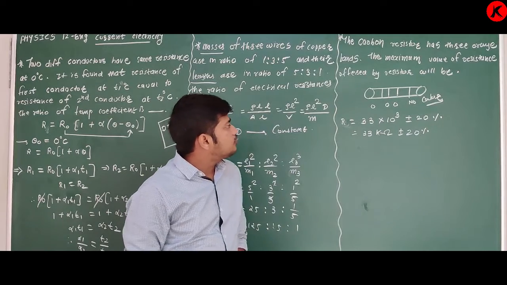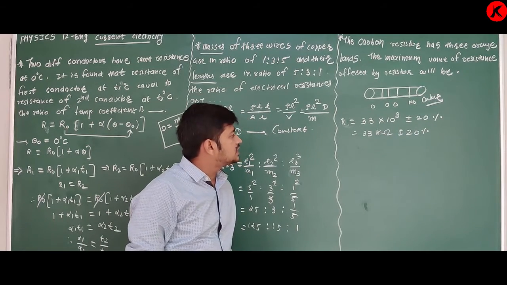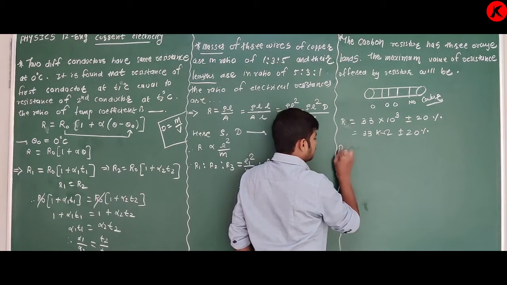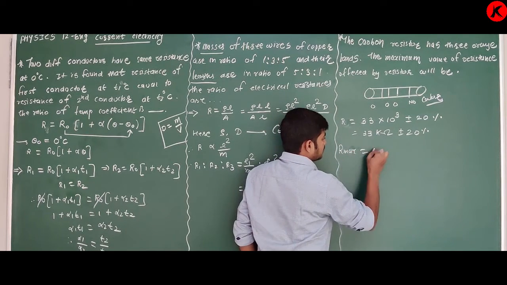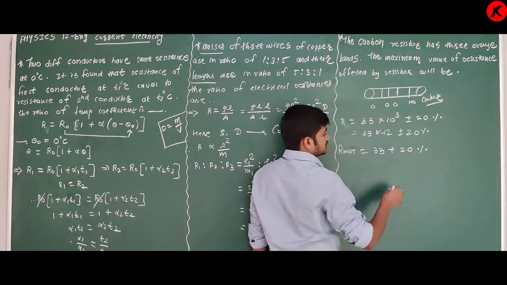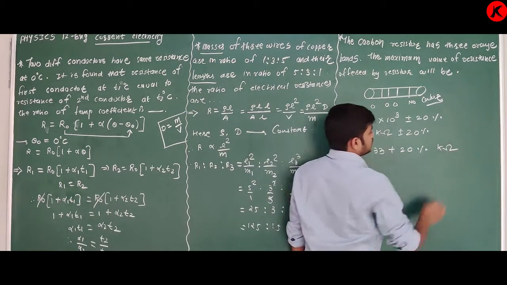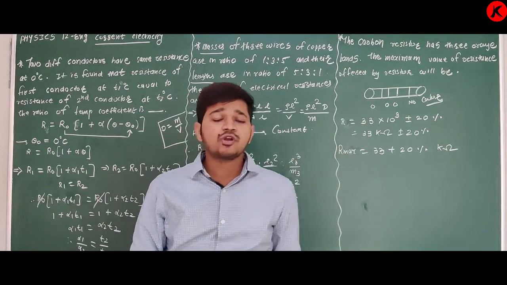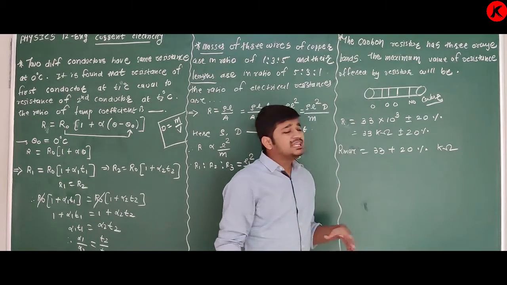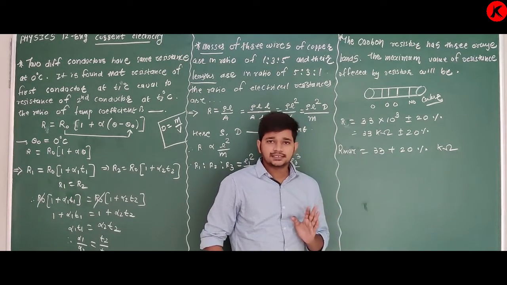Now as you have to find the maximum value of resistance, R maximum is equal to 33 plus 20% kilo ohm. Clear about this? Only plus because you have to find the maximum value. If you are asked to find the minimum value, then you have to consider minus.